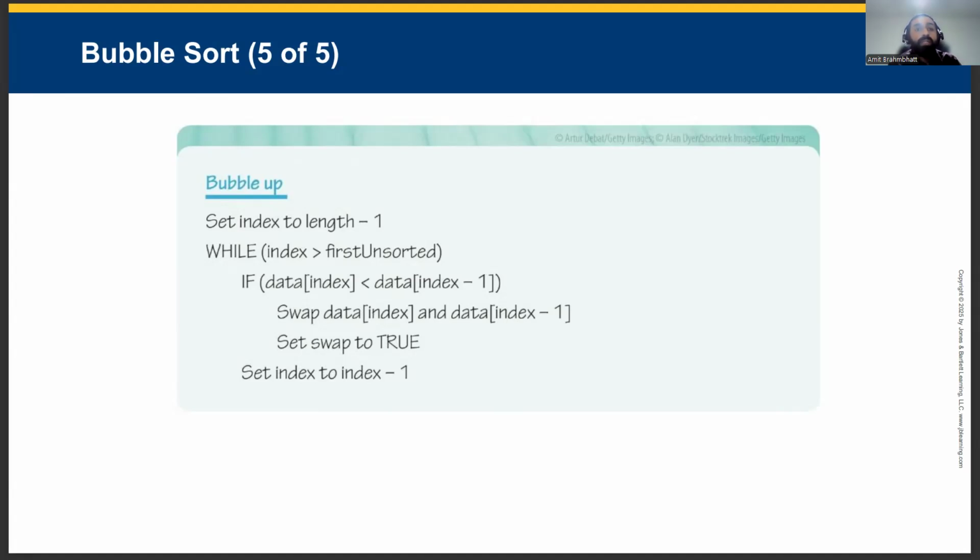And then you swap the data at index and data at index minus 1, and you set swap to true when that happens. Coming out of the if condition, you set index to index minus 1. That algorithm basically helps you bubble up the value.